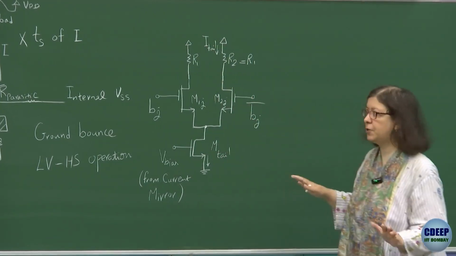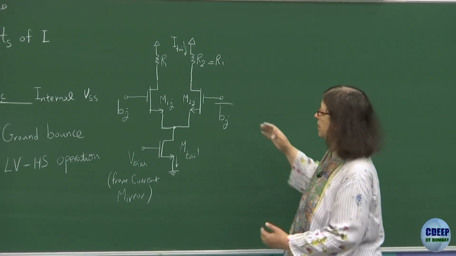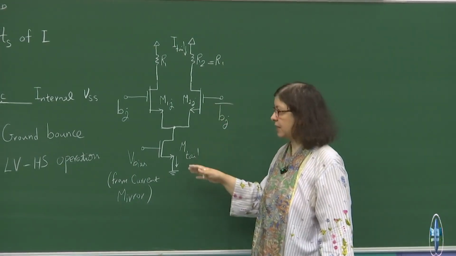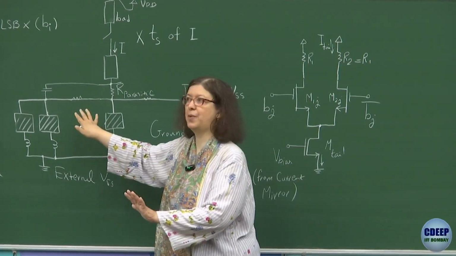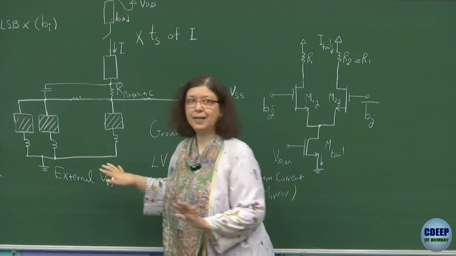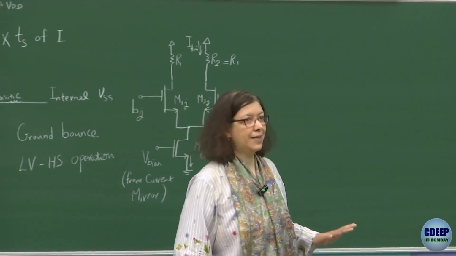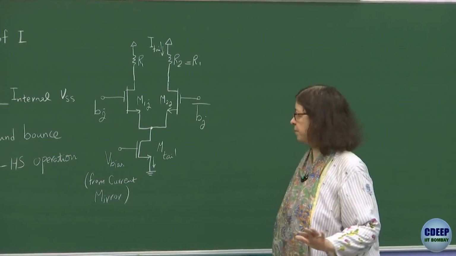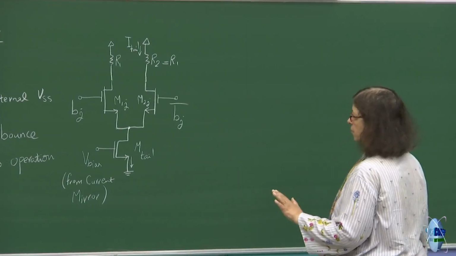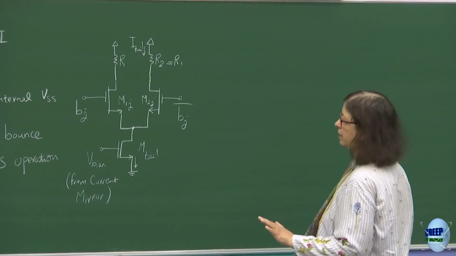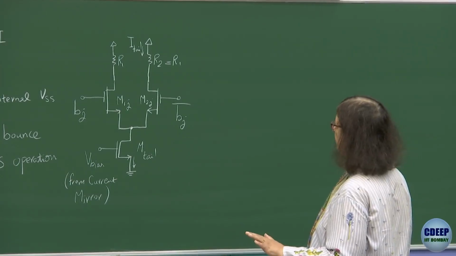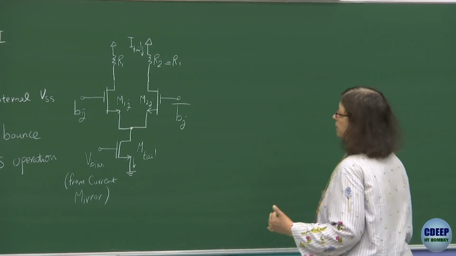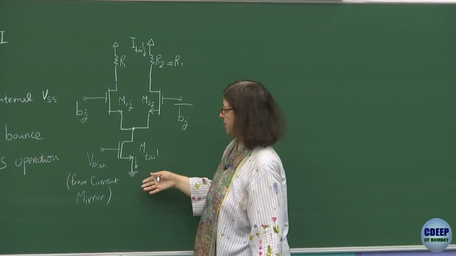You get rid of the bouncing issues which are created. Still you have the IR drop. IR drop problem is a static problem, it is not solved, but at least the problem due to parasitic inductance is solved. So what eventually happens is that now we have a static current flowing.